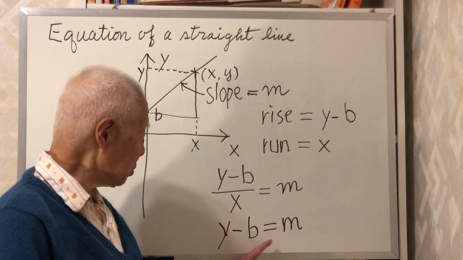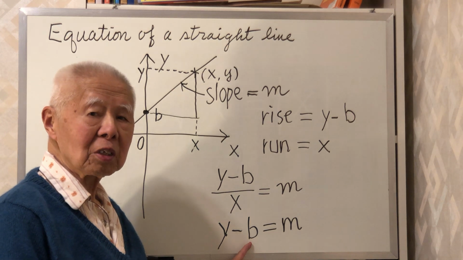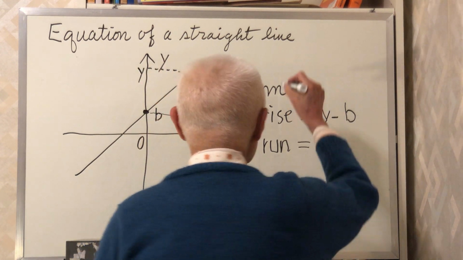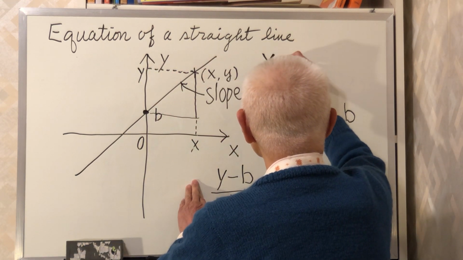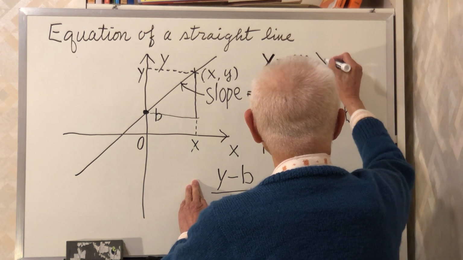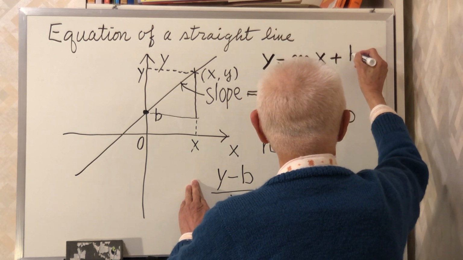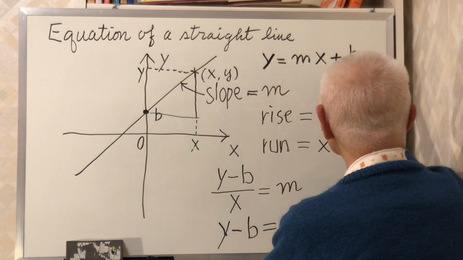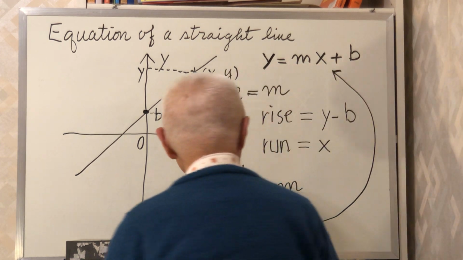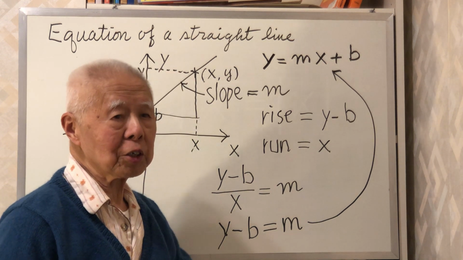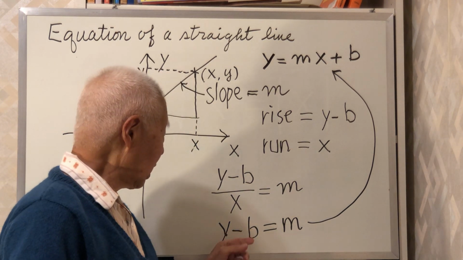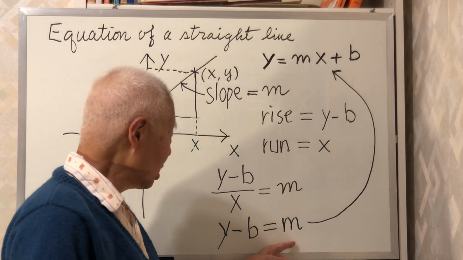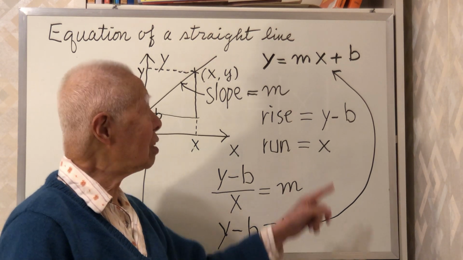Now if I move the b from the left side to the right side, then I have y equals m x plus b.